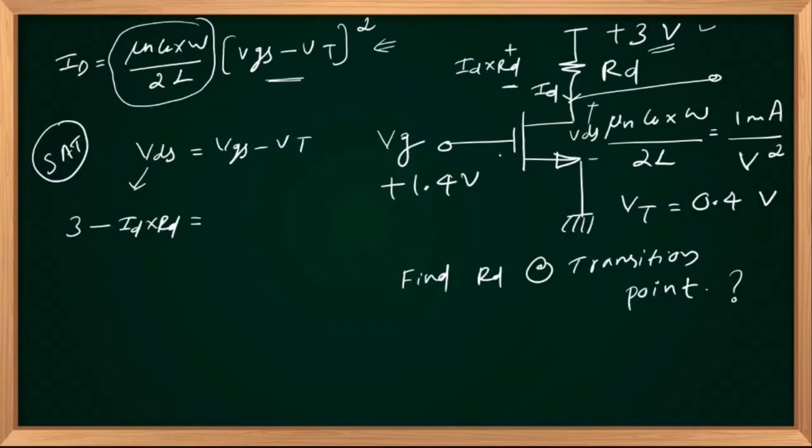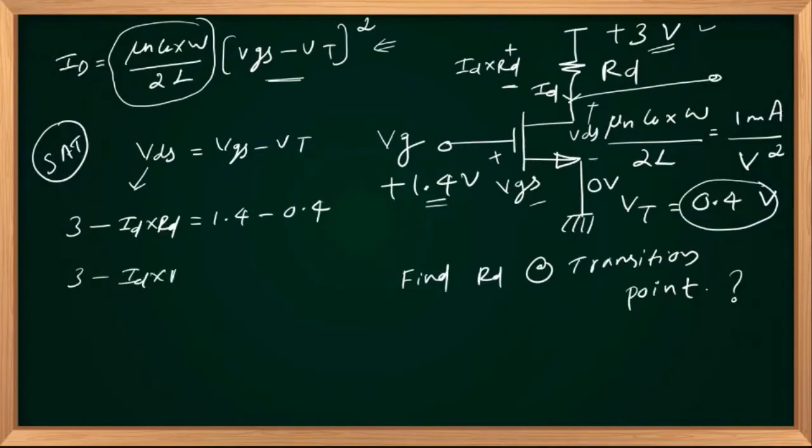How much is your VGS? VG minus VS is VGS. VS is grounded, 0 volts. So VG minus VS is 1.4 given minus 0. 1.4 minus 0.4, the given VT. So 3 minus ID multiplied by RD will give you 1 volt.